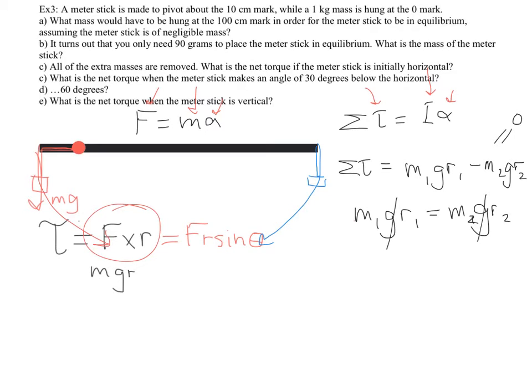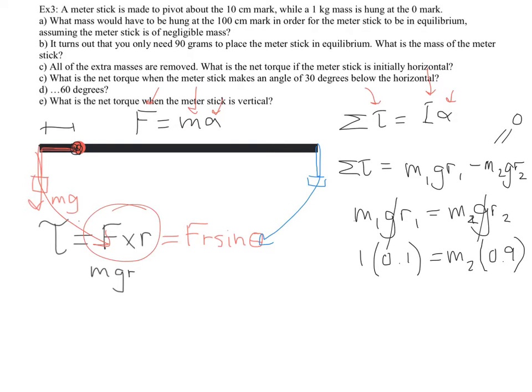So let's see, we've got 1 kilogram for mass 1. It is located at a distance of 10 centimeters from the pivot point. M2 is located at a distance of 0.9 meters from the pivot point, since the pivot point was placed right thereabouts, right?